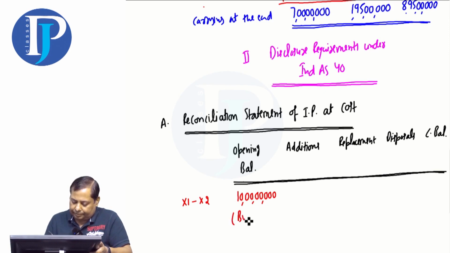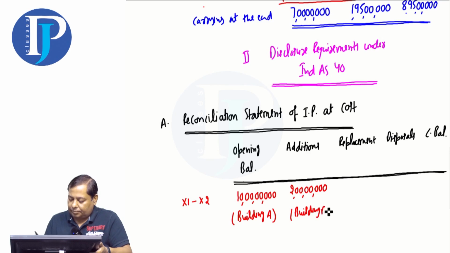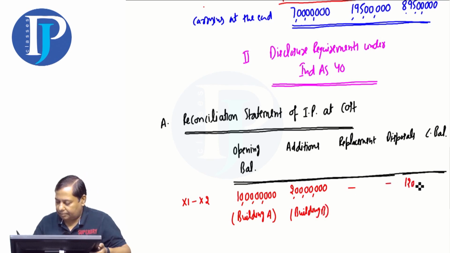The building A. We added 2 crore rupees. The building B. 12 crores.